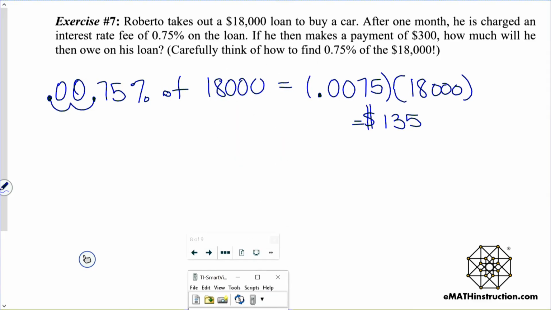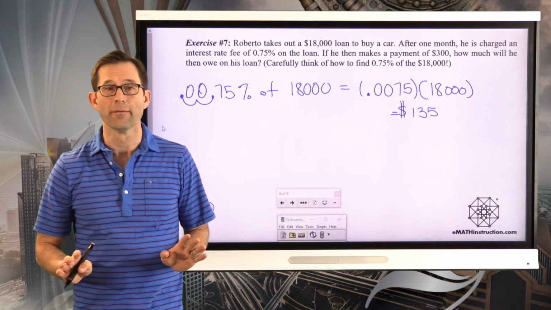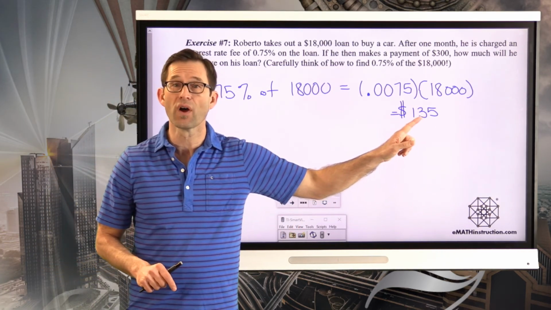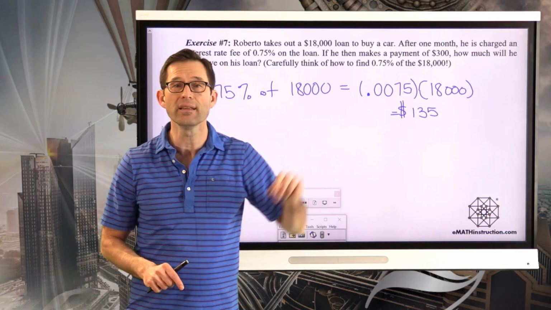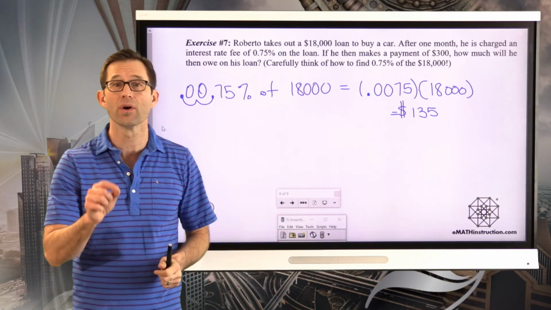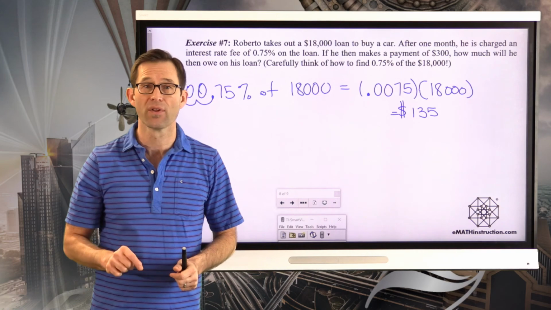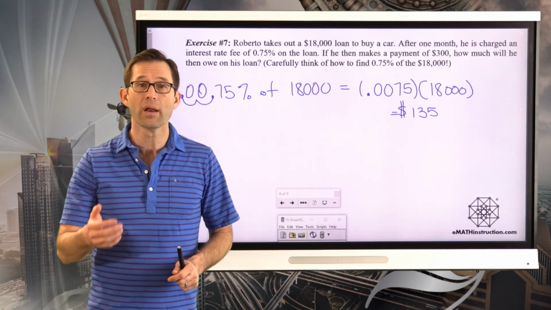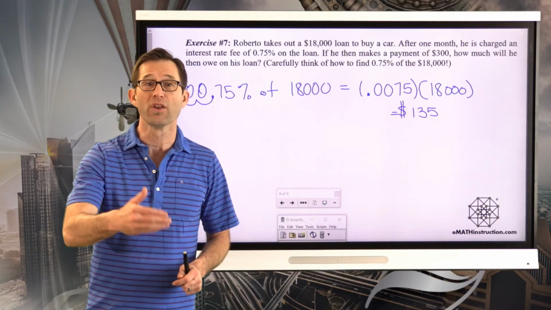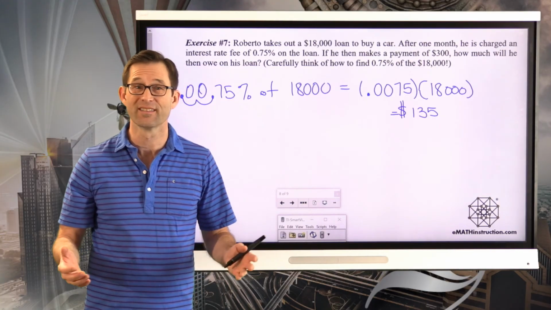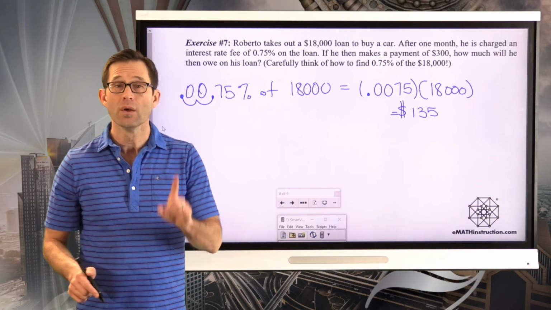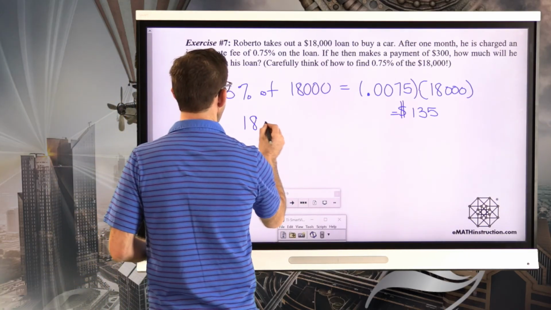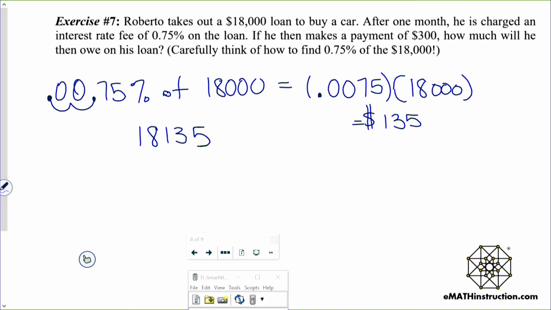All right. So again, let's just talk about this for a minute. At the end of 1 month, this $135 is going to be added to the $18,000 that Roberto owes to pay back the loan. That's the problem with interest, right? The longer you hold on to the money that you were loaned, the more money you actually owe, right? They're not going to give you that money for free. So what Roberto owes, right, is going to be $18,135.